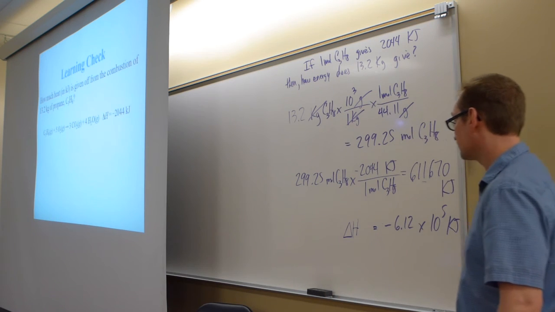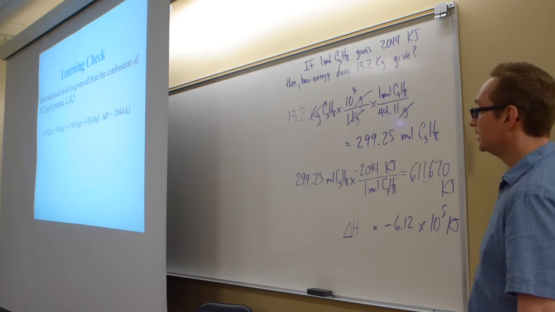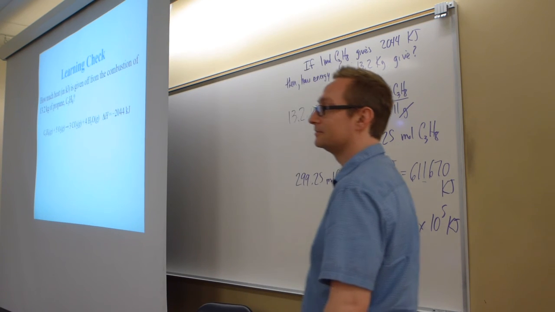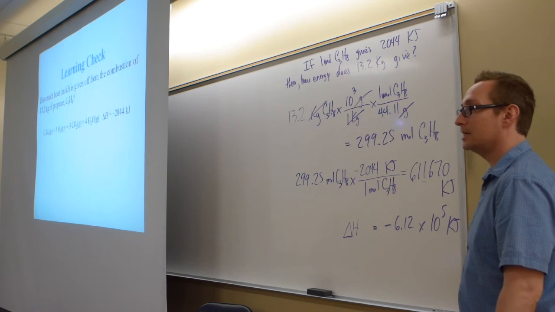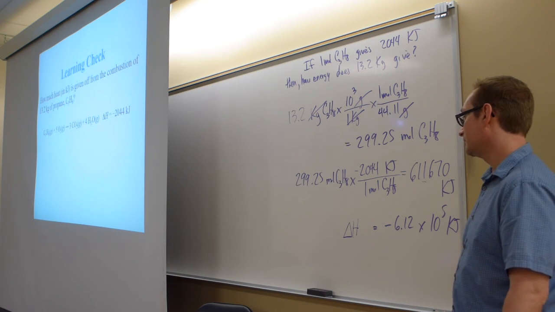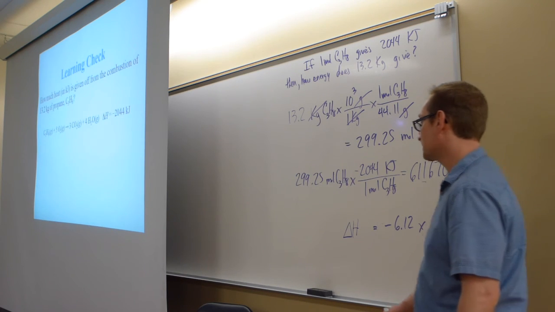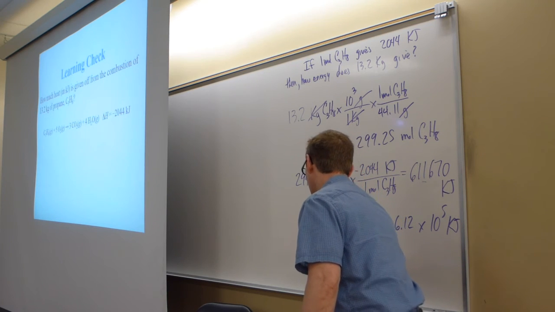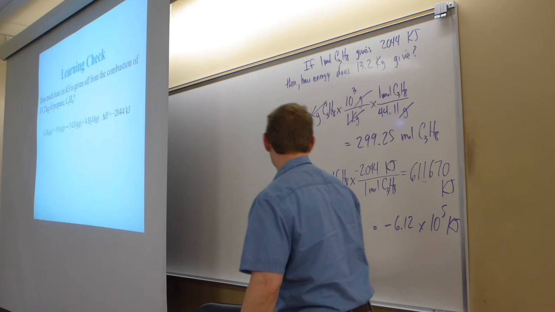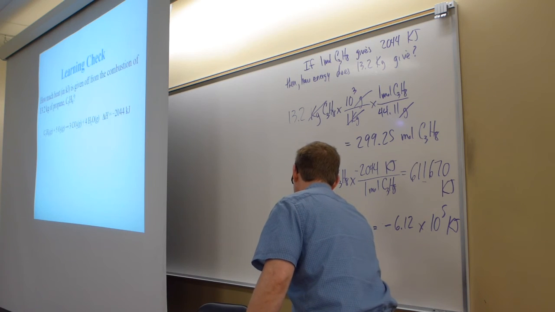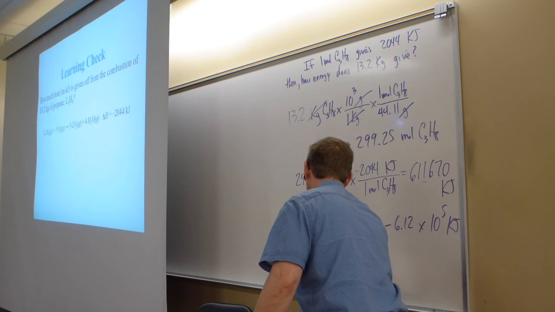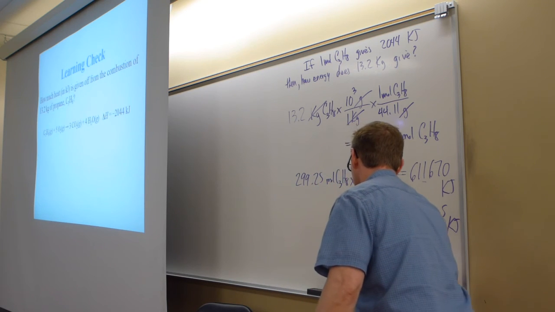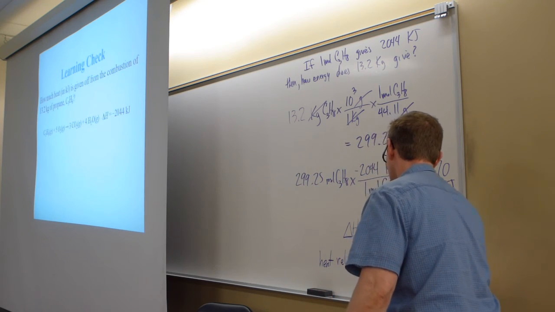So delta H is equal to negative 6.12 times 10 to the 5th. The thing is, the question's asking us how much heat. So when it asks you how much instead of the change of, we don't care about the negative sign. So we can say heat released is going to be equal to 6.12 times 10 to the 5th.